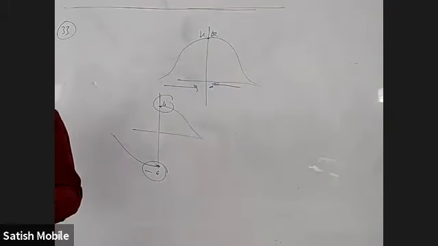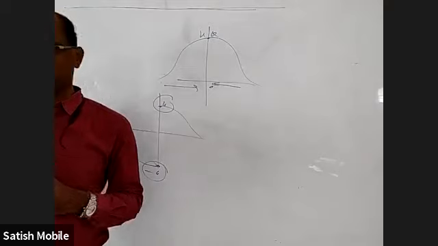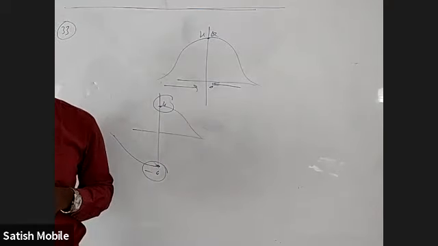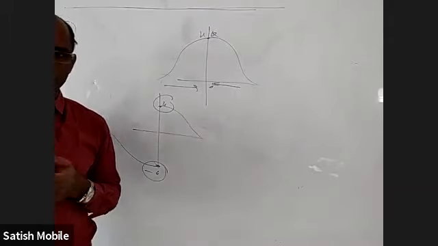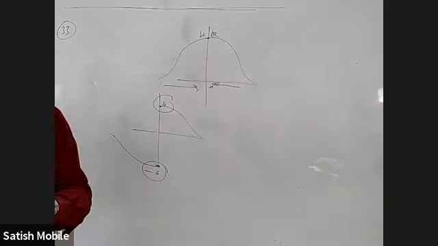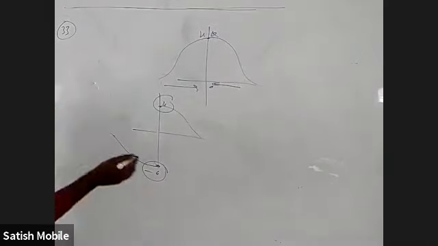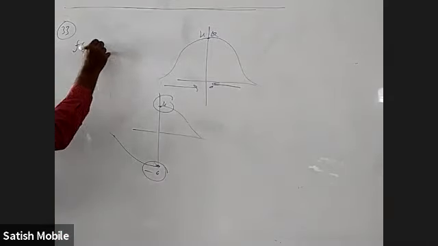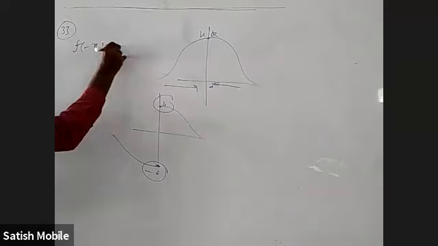For example, cot x is an even function or odd function? Cot of minus x is minus cot x. Odd. Cot 0 is not defined. But if it is defined, it has to be 0 for a simple reason. What is the definition of odd function? f of minus x equal to minus f of x.